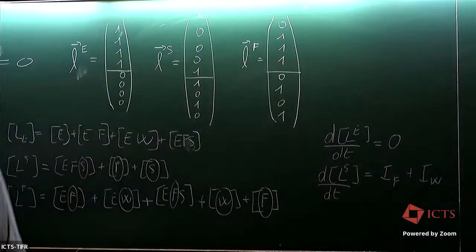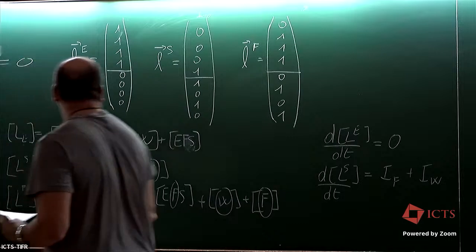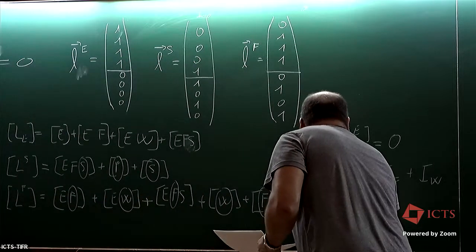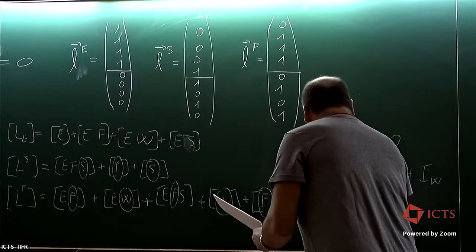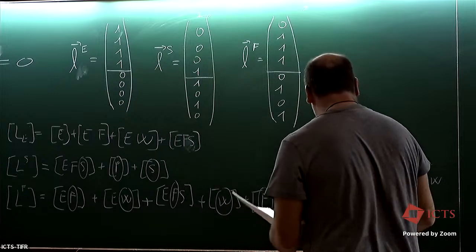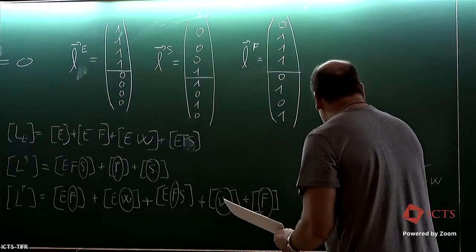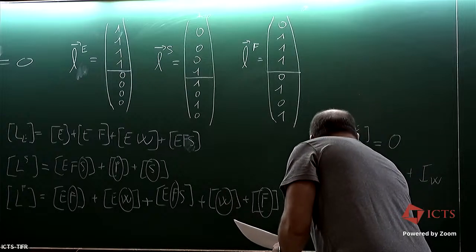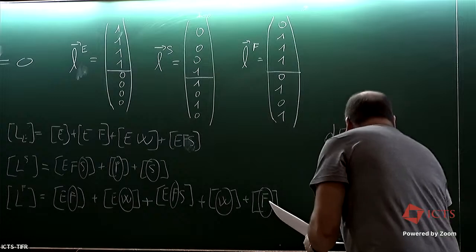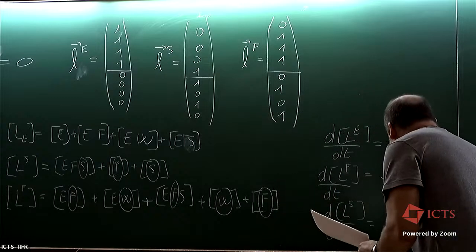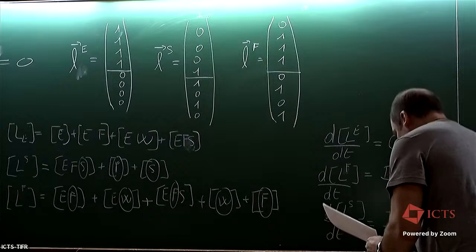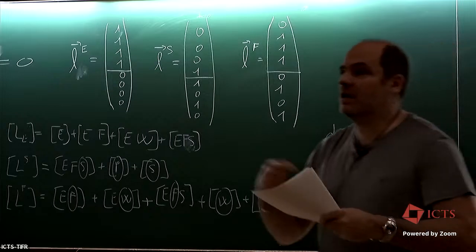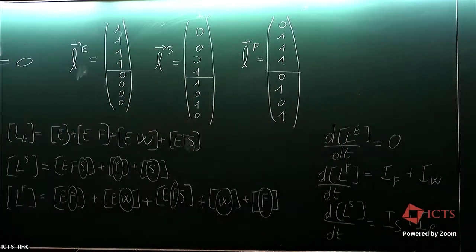I'm applying this now. Okay. And the last one, no, sorry, this was the F1. This is the F1 and this is the S1. Because they are broken when I open the system, meaning they start being exchanged with the surrounding via those fluxes, the yellow flux.